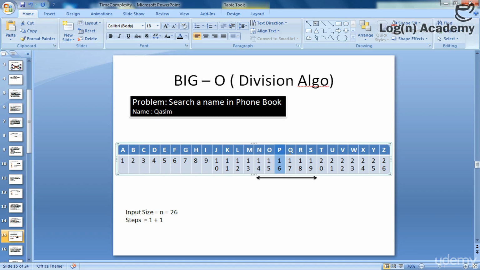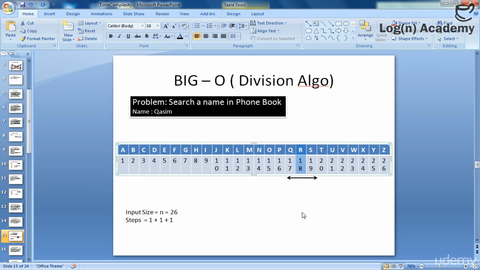Q comes after P, so we will focus on the right hand side. So now we will shrink, or you can say divide this into two, and then we add one more step. Now the middle is R.